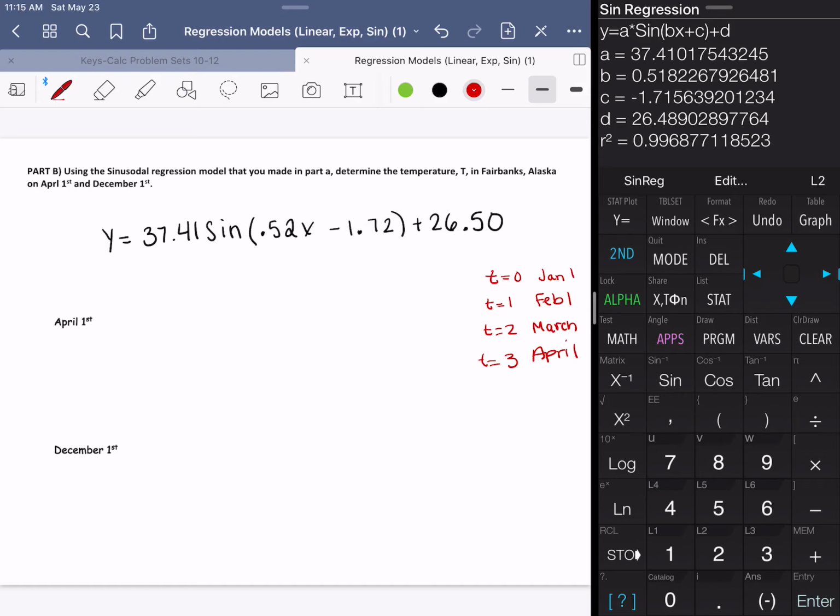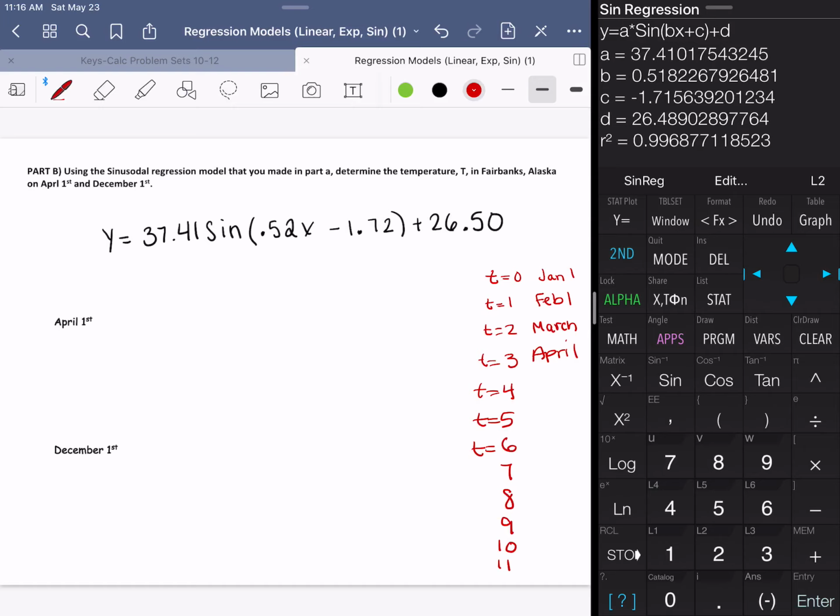So I know that you're thinking April is month 4, but they're telling you that time equals 0 is January 1st, so you just have to follow the pattern. And then if we keep going, 4, that's May, June, July, August, September, October, November, December.